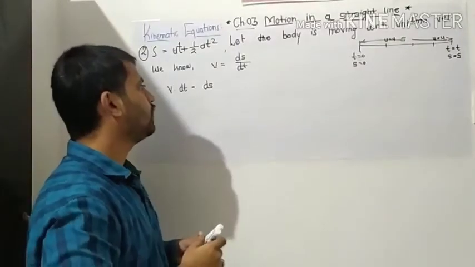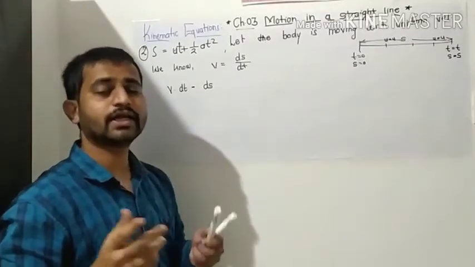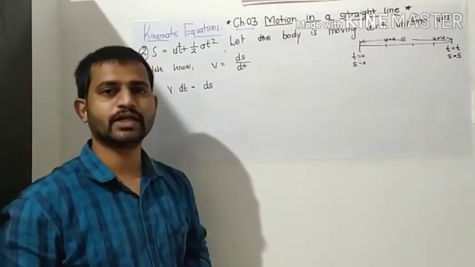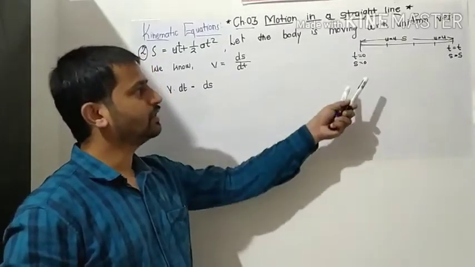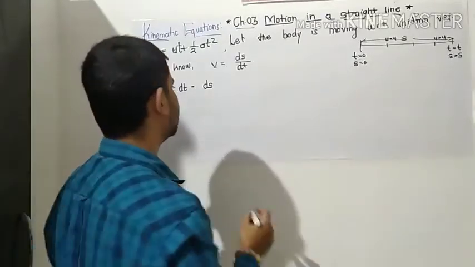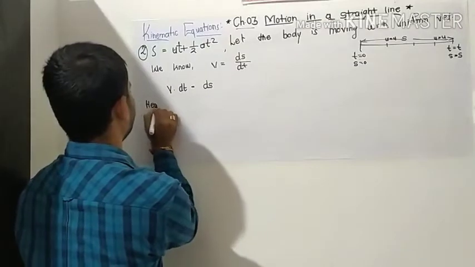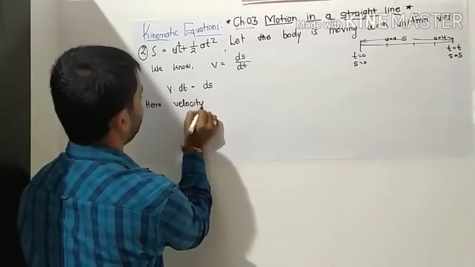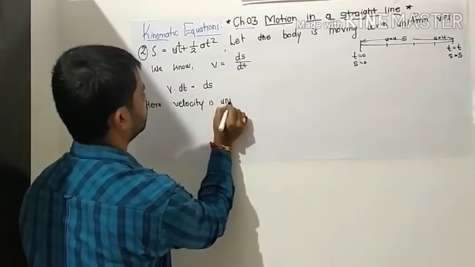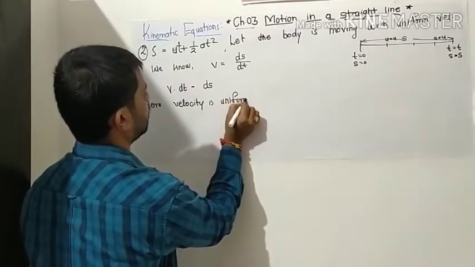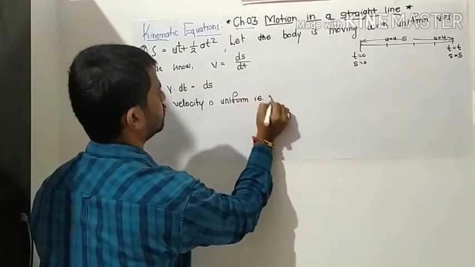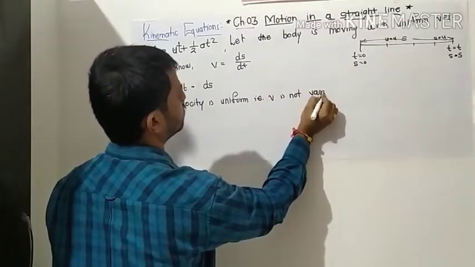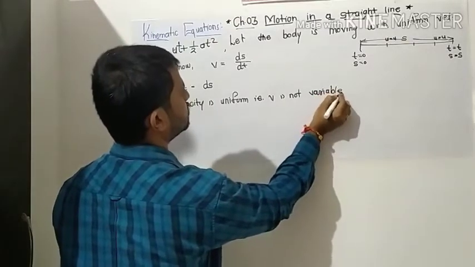Now if we apply the limits, what will be the limits for this equation? Here the velocity is not changing, the velocity is uniform, that is v is not the variable.